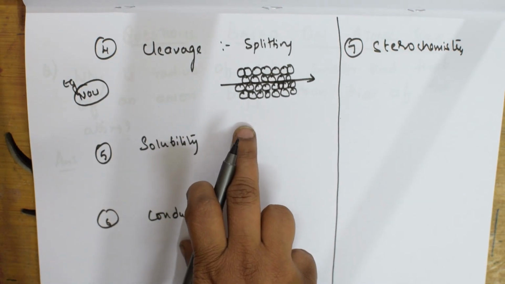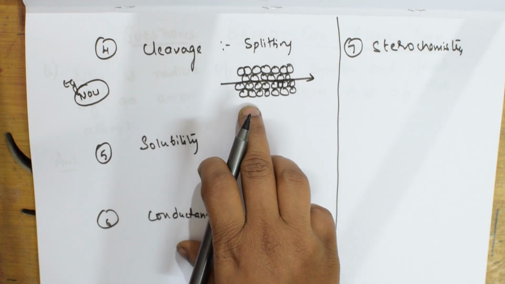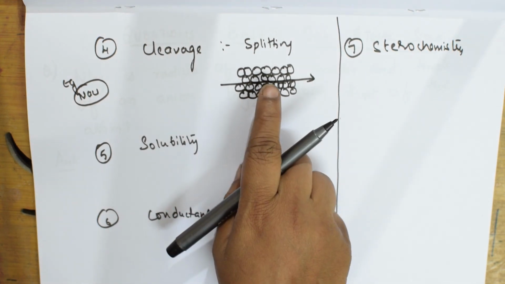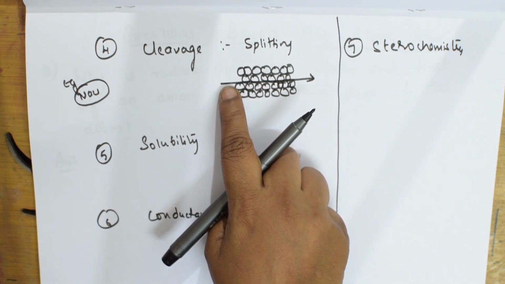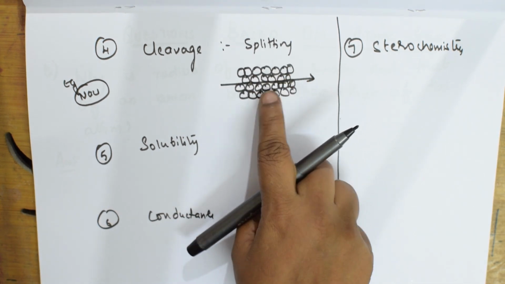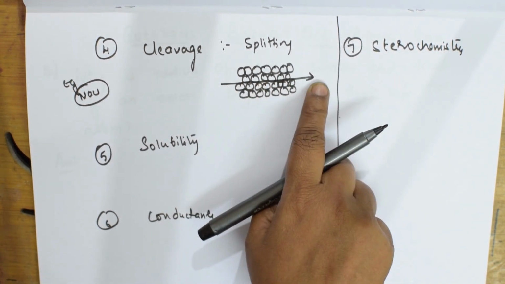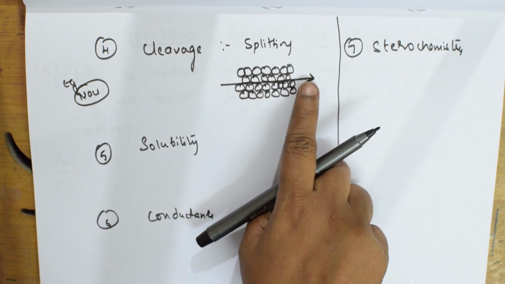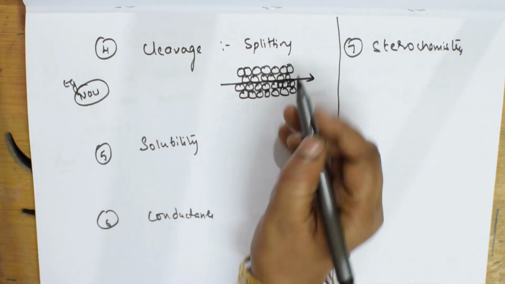What happens in a sodium chloride crystal? I can achieve this cleavage only along planes parallel to the cube faces. Only parallel to them can I break it. Suppose I try to break the crystal in this direction, like this.